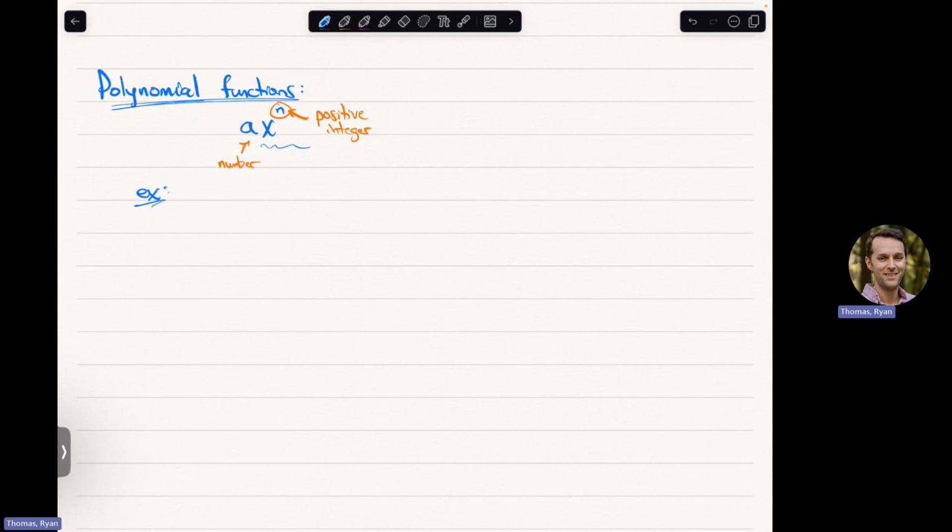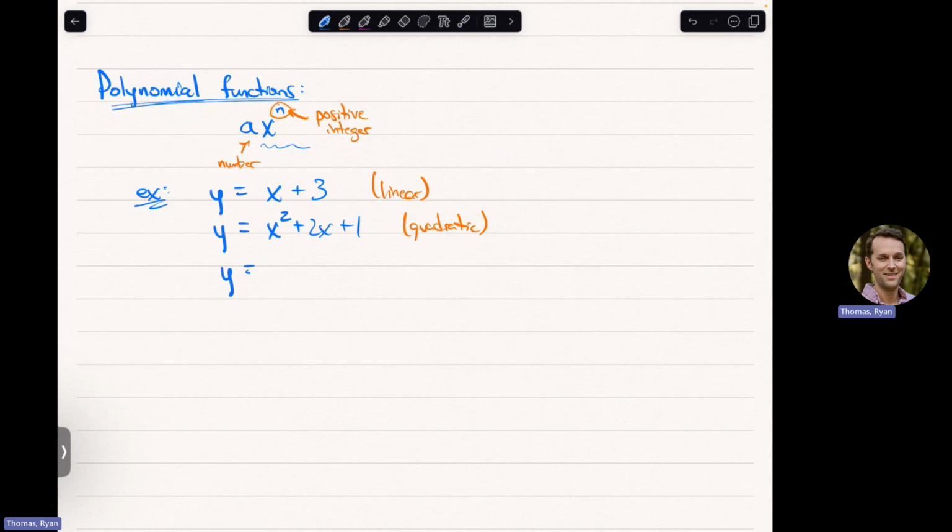So some examples of polynomials would include things that we already know, like y equals x plus 3. That's a linear polynomial. Quadratics, which we've just been studying for the past week, like x squared plus 2x plus 1. That's quadratic.